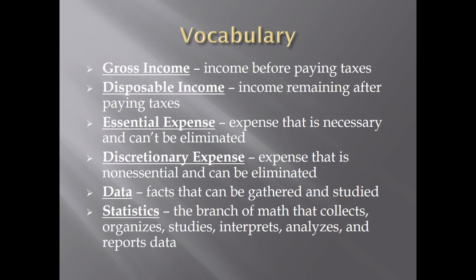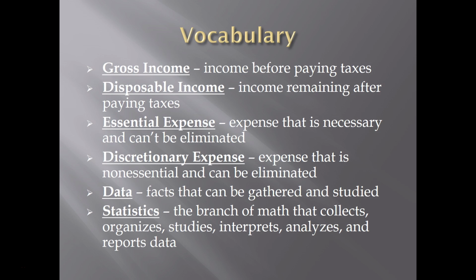Alright, as in most units, we will begin with some basic vocabulary. Since this section is dealing with discretionary and essential expenses, we are going to start looking at some of that.